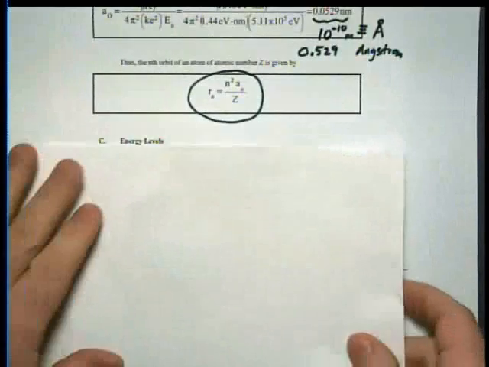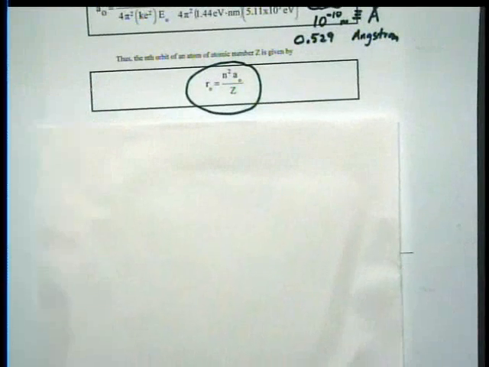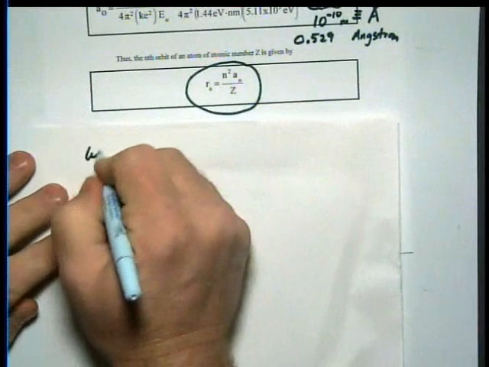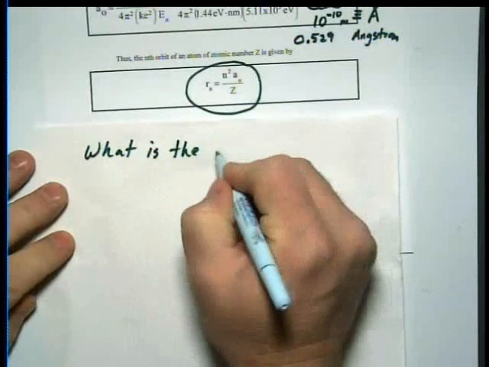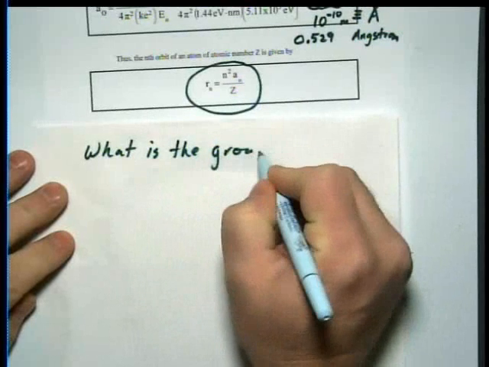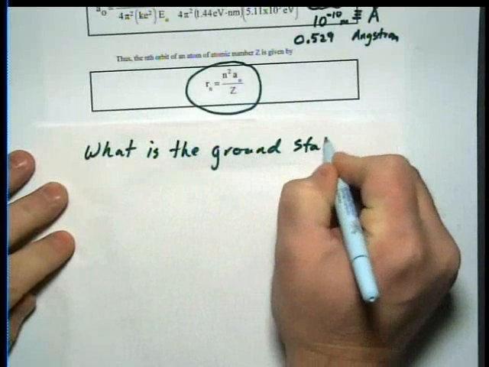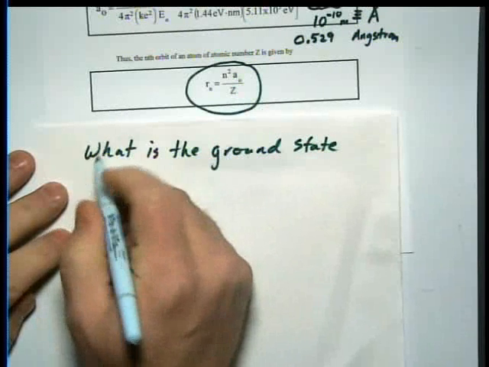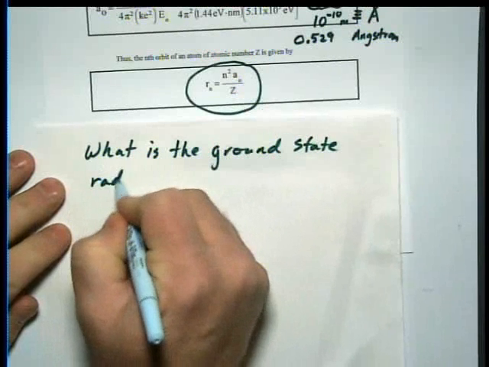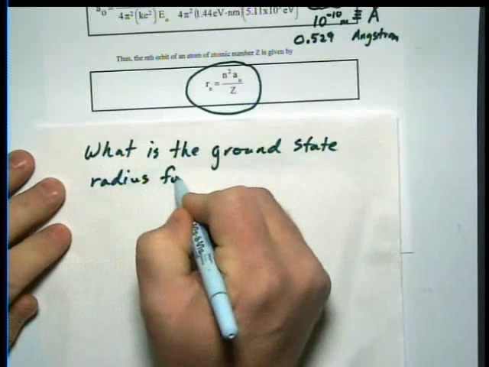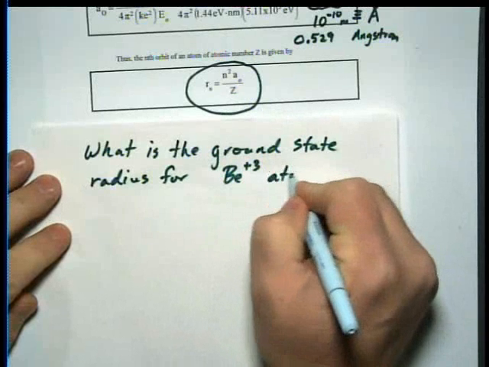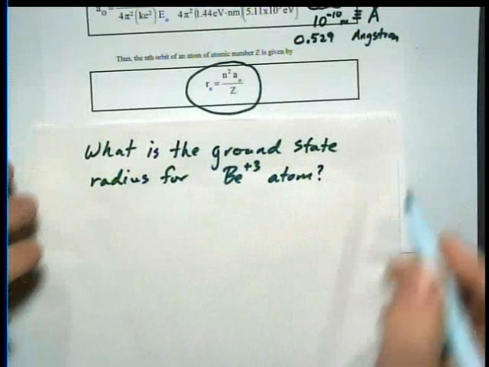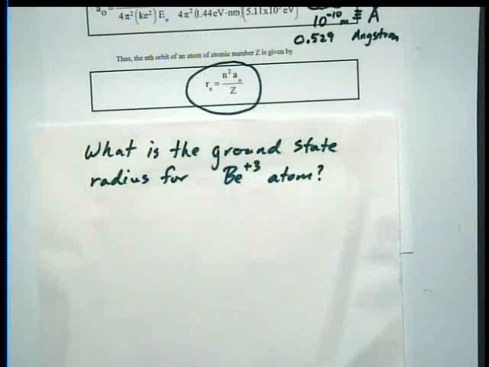It's an example of that. You can be given the following type of a question. What is the ground state radius for a beryllium 3+ atom?